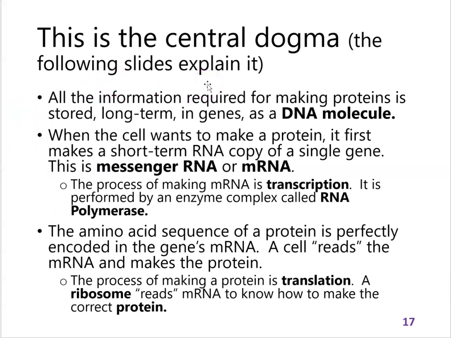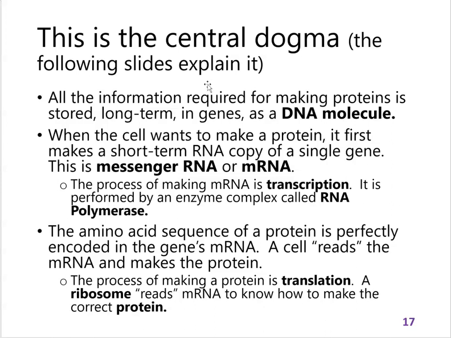All the information in a cell that encodes what the cell is going to be, but mostly what proteins it makes, all that information is stored in genes in a DNA molecule. That's the first part of the central dogma of molecular biology: we say all the information is stored in DNA. And if a cell wants to make a protein, it needs to decode that information.